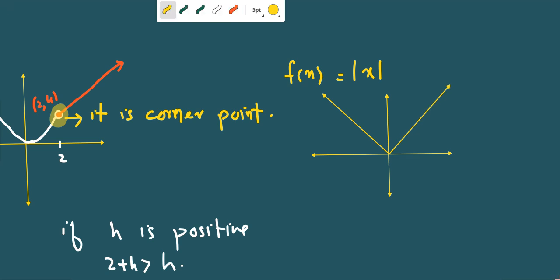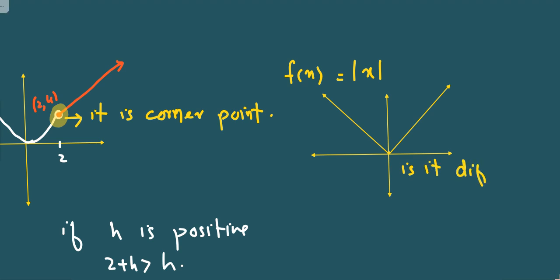And if I ask you, it is continuous at 0. Is it differentiable at 0? No. Why? Because it is making a corner.